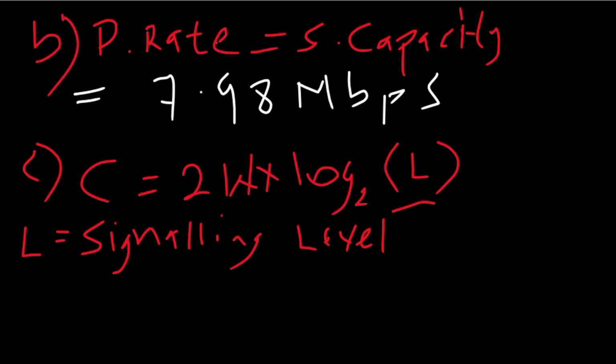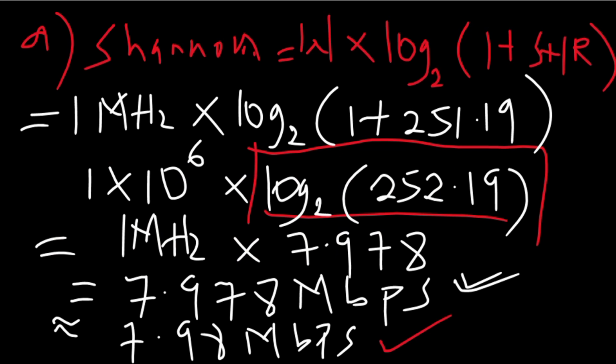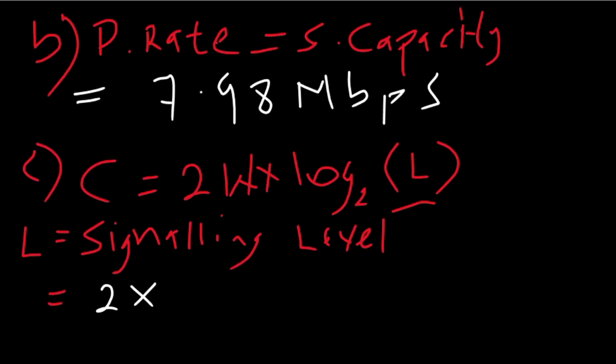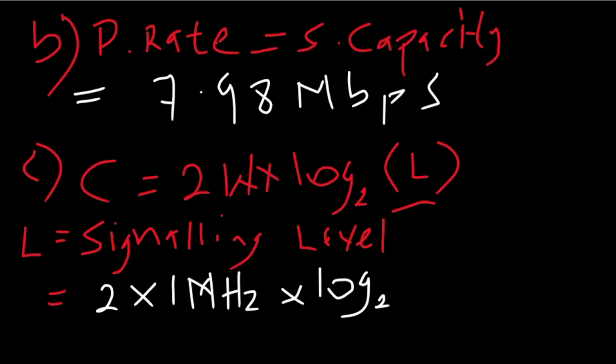So we have 2 multiplied by our bandwidth, which was 1 megahertz, multiplied by log to the base 2 of L. Log to the base 2 of L should be equal to the Shannon capacity, which was 7.98 megabits per second. So we have 7.98.